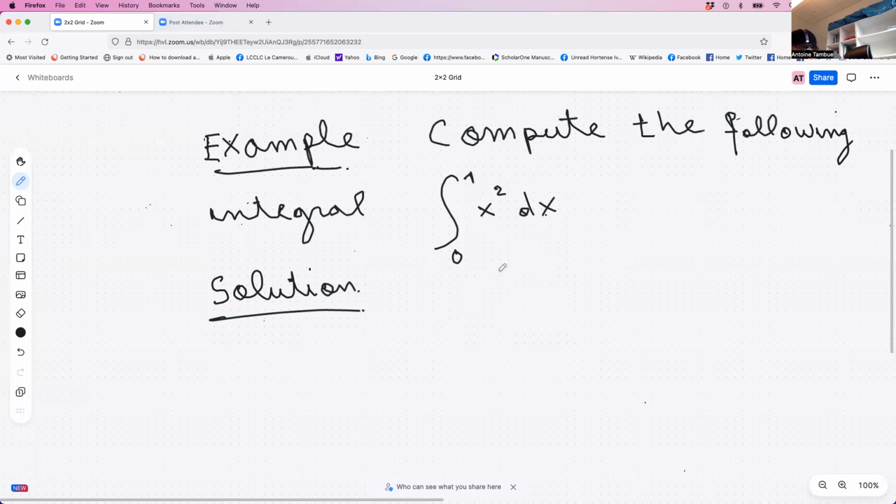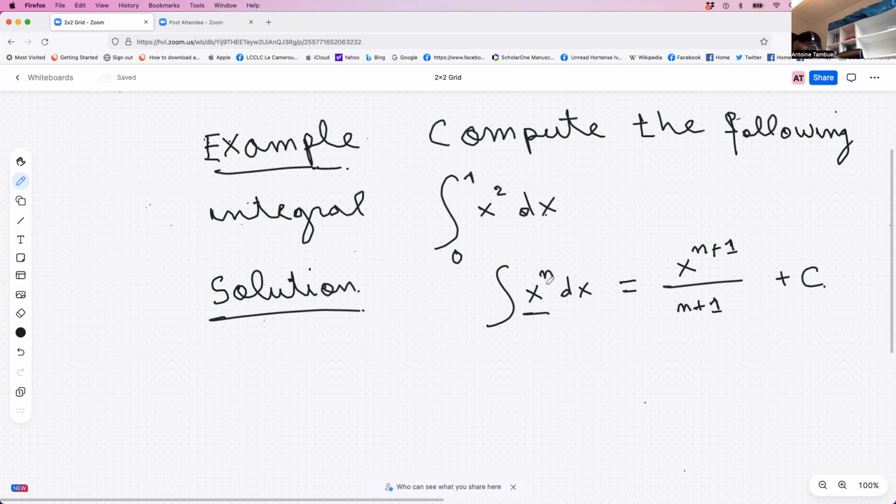And you already know that the antiderivative, for example, of the function x to the n, where n is different from -1, is just x, with the power increased by 1, x to the n plus 1, over the exponent that we have here, n plus 1, plus an arbitrary constant. That's the antiderivative of x to the power n.